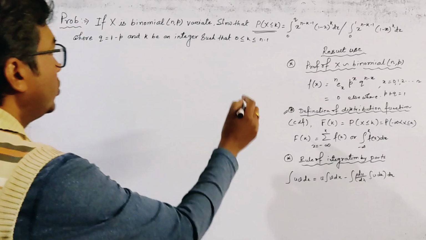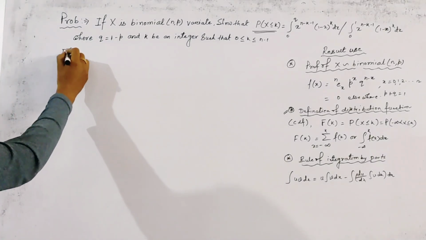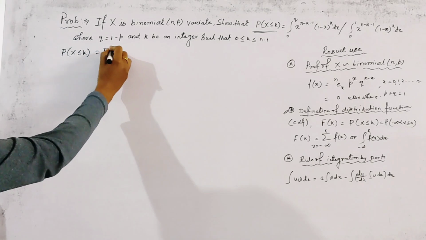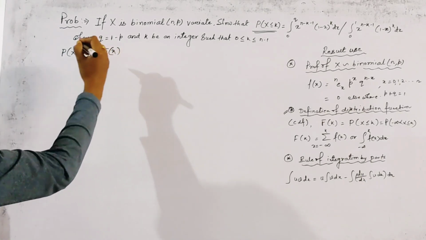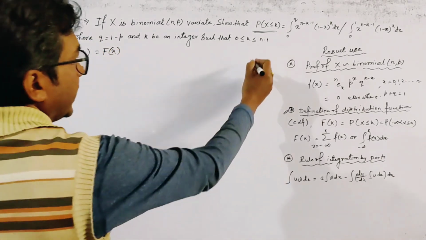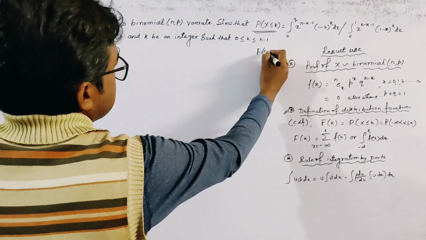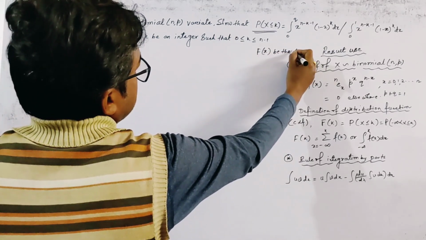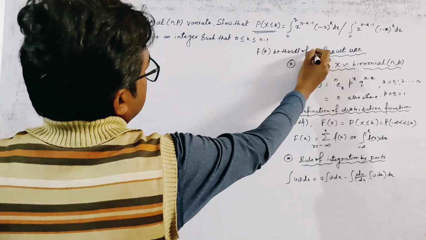So we first write P of X less than or equal to k, which is given by capital F of k, where F(x) is the CDF of x.